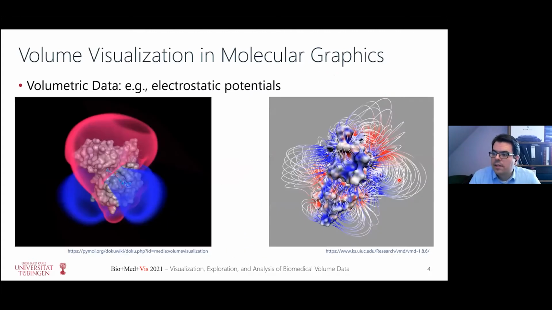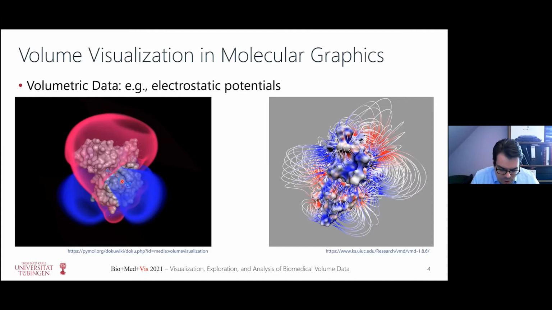Other sources of volumetric data in molecular biology could be something like electrostatic potentials. So you have your protein, your charged molecules, here in these two example images, and from these charges you can compute the electrostatic density field.